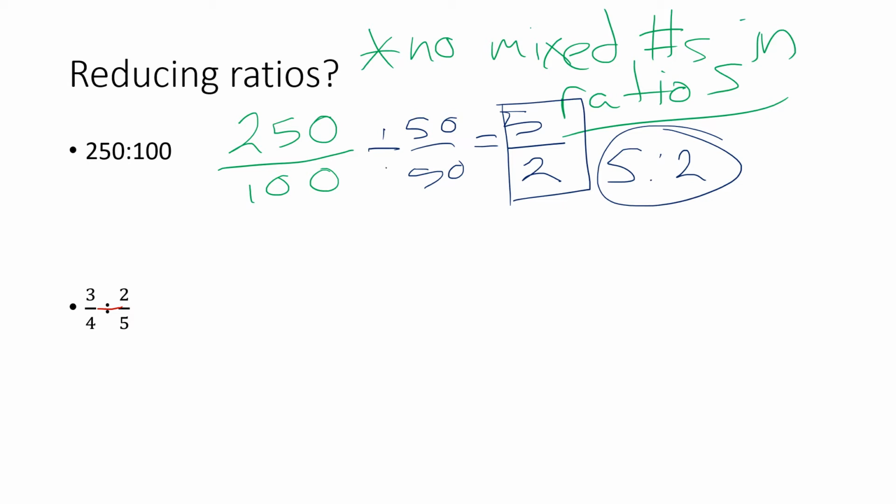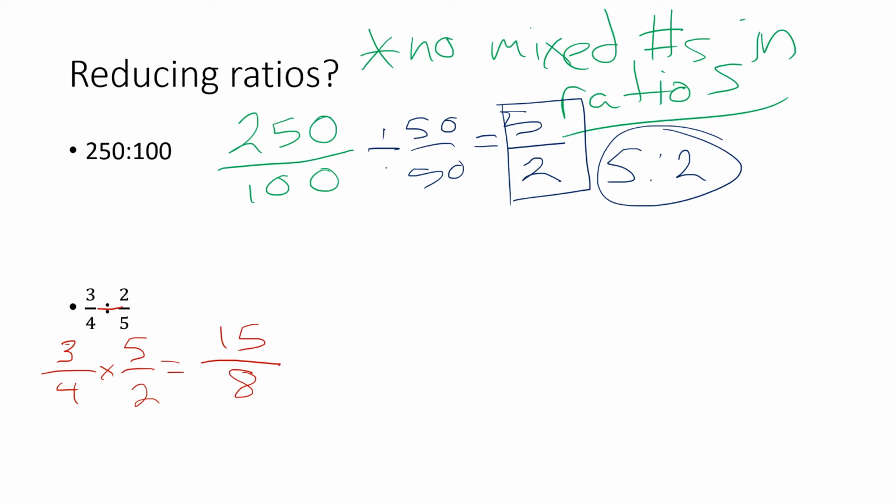So if you remember copy dot flop, we copy down the first fraction, turn the division into multiplication, the second fraction gets flipped on its head. And then you multiply. 3 times 5 is 15. 4 times 2 is 8.